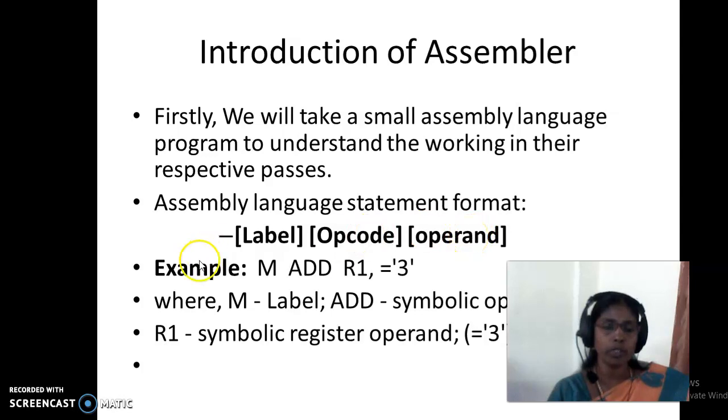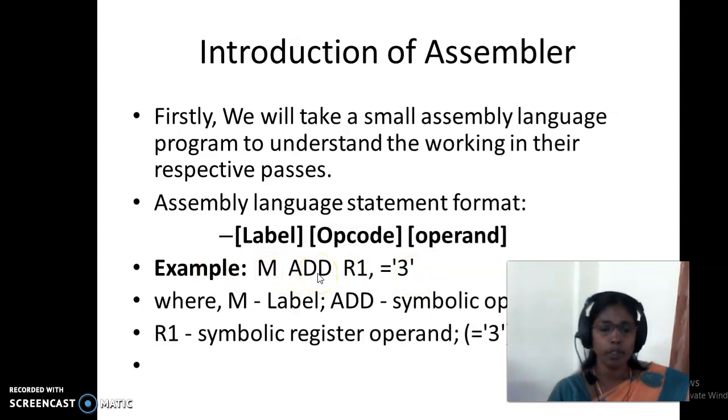Here is one example of an assembly language statement: M ADD R1, =3. Here M is a label.